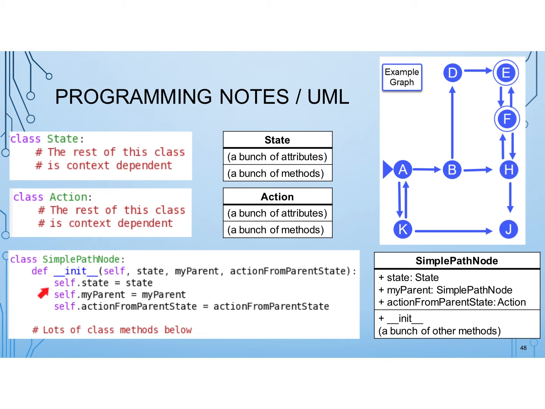And then the init is just setting up the initial attributes, the initial what would be private variables in any other language, but I have these pluses here because in Python they are public.